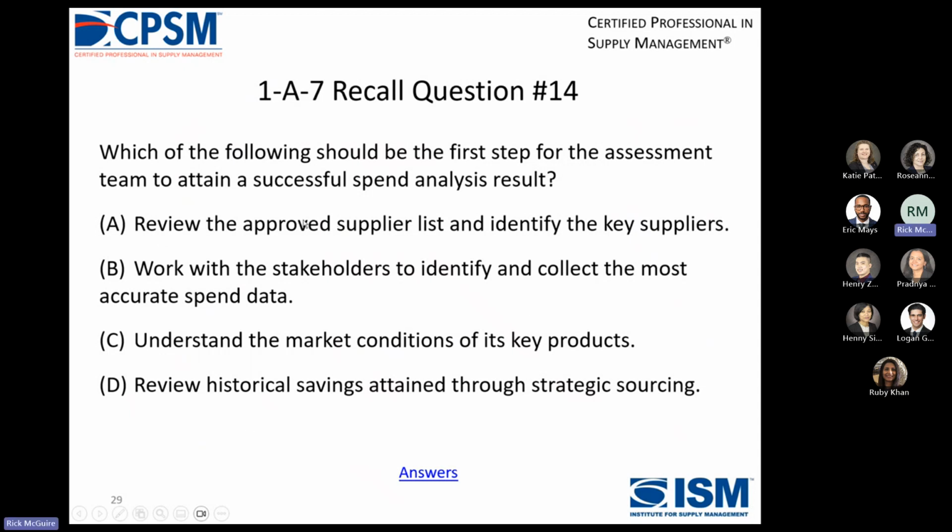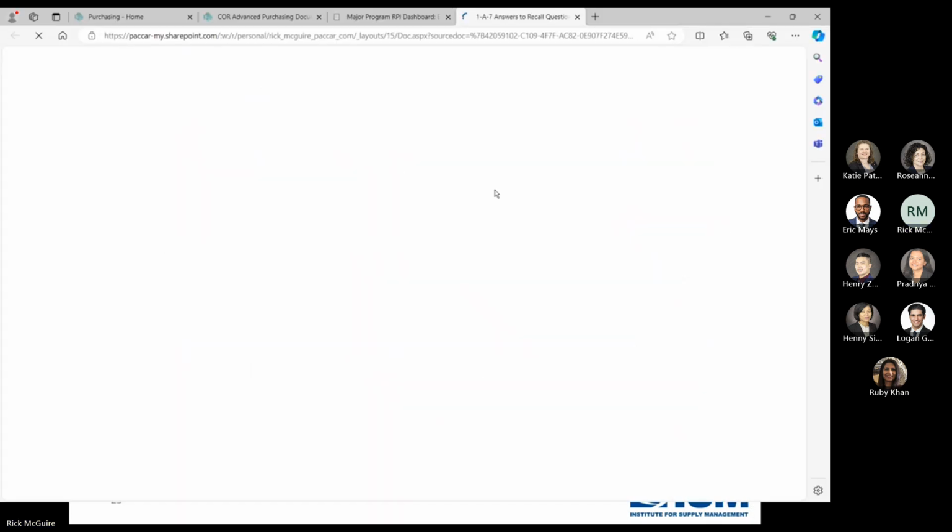I'm thinking you could eliminate A and D, and then it would come down to B or C. From the slides that they'd had and the way they covered it, I would go with B, but let's see.